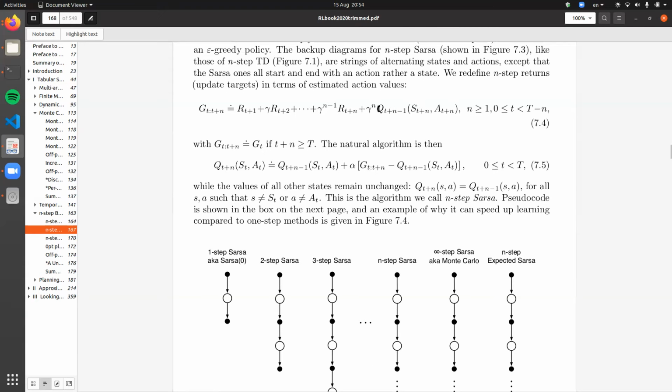And in that case, we will use the action value estimate for that low probability action. And in case of expected Sarsa, we always take for those 2 actions, 0.95 of the action value for the probable action and 0.05 for the non-probable action, right?